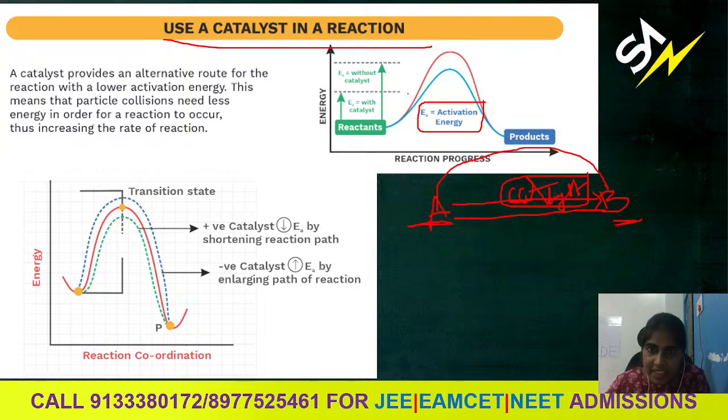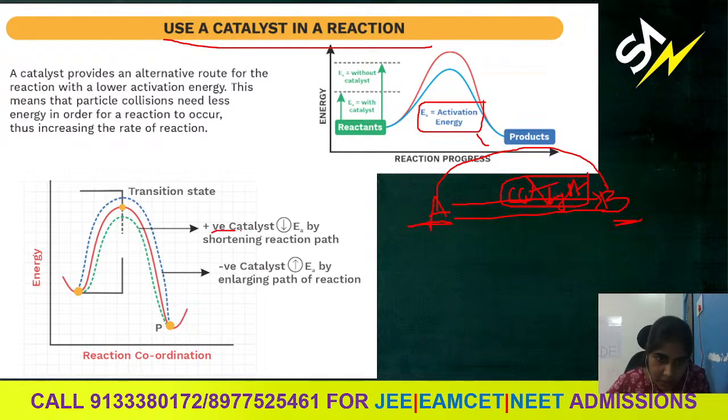Without catalyst, it requires higher activation energy to convert into products. If we add catalyst, see this blue line, it will occur in a small pathway, lowers the activation energy and speeds up the reaction. So there are two types of catalyst here, positive catalyst and negative catalyst.